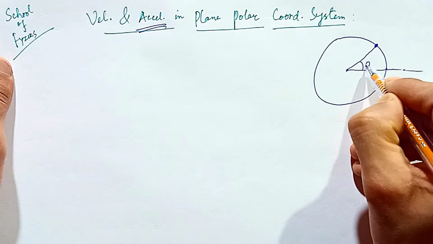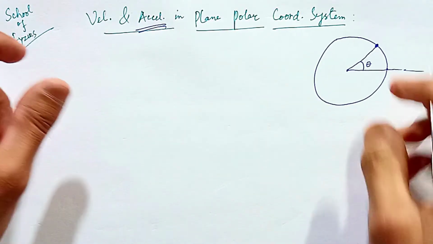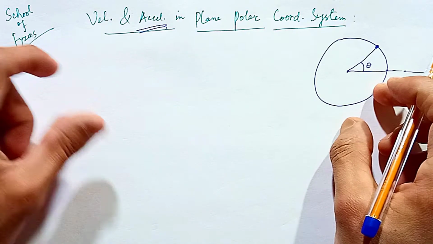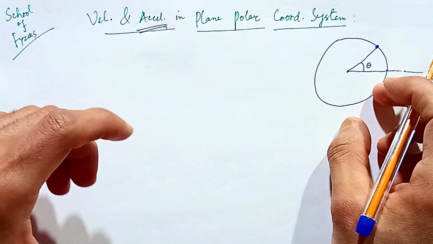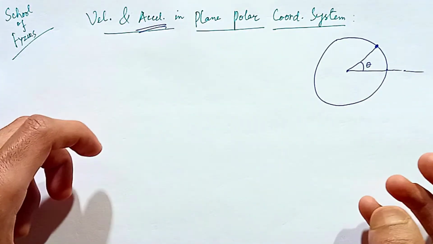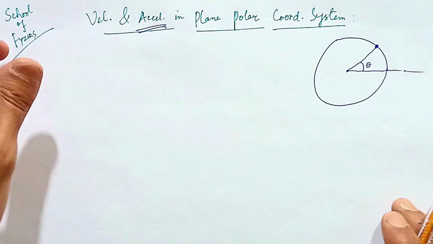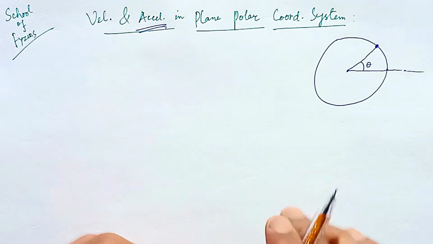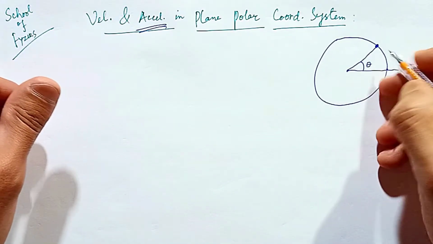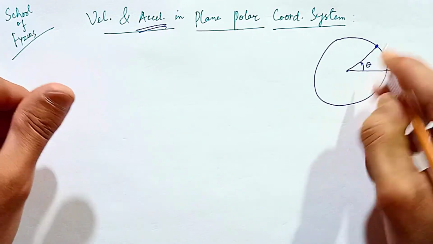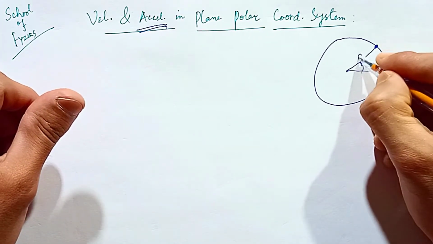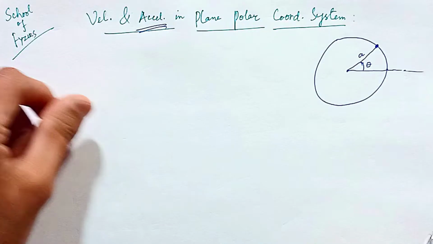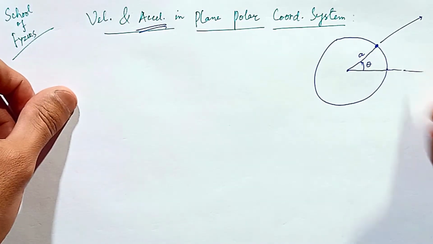So theta is the angle traversed by that body with respect to time. As the time passes, it traverses this much of theta. And keep this in mind, the radius of the circle is a.